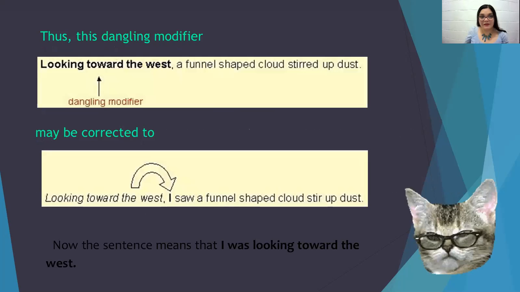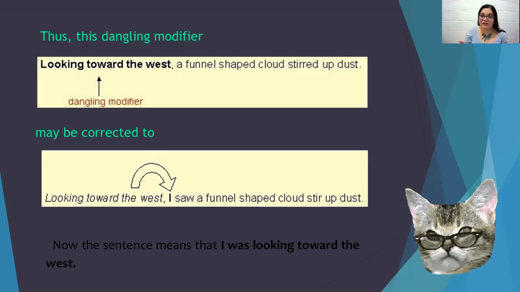But what happens in this example? Does this dangling modifier, "Looking toward the west, a funnel-shaped cloud stirred up dust," make sense? It is illogical. How can we correct it? "Looking toward the west, I saw a funnel-shaped cloud stirring up dust."